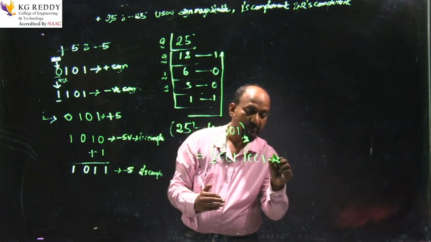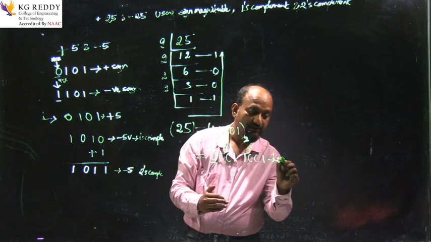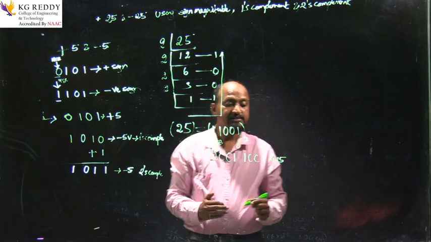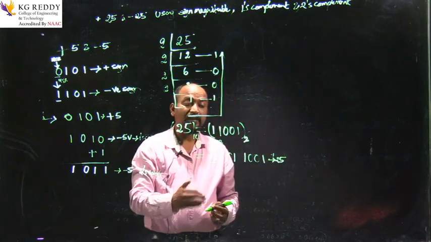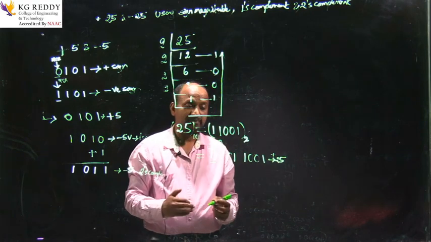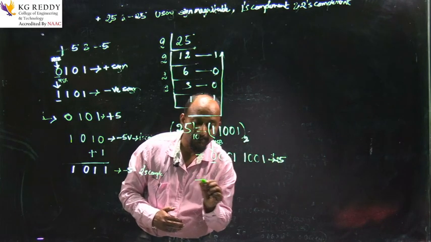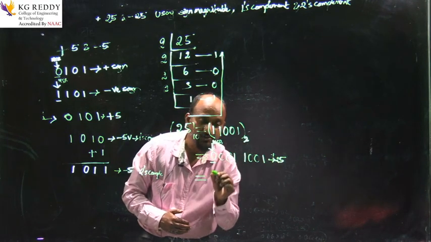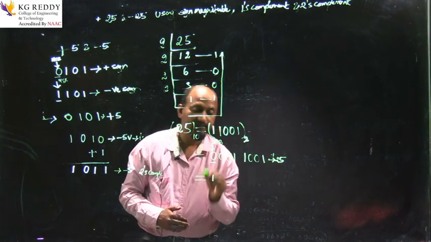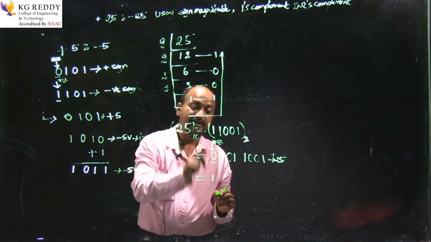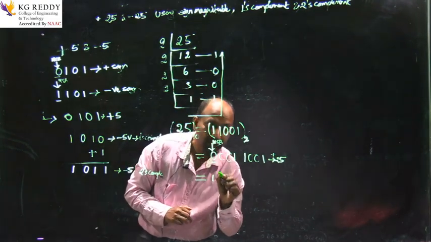So that is plus 25 using sign magnitude. What about minus 25 using sign magnitude? Here we simply change the most significant bit to 1, because if the MSB is 1, it is a negative value. The remaining bits keep the same.